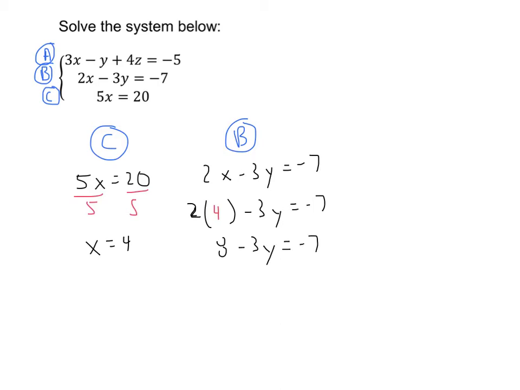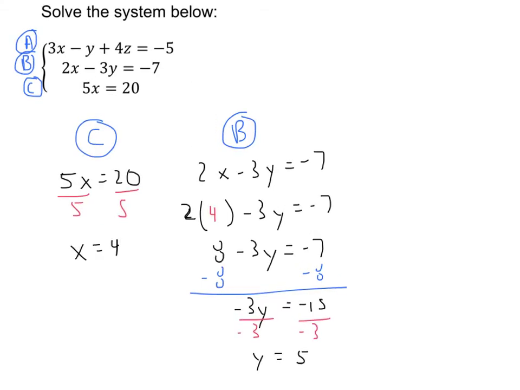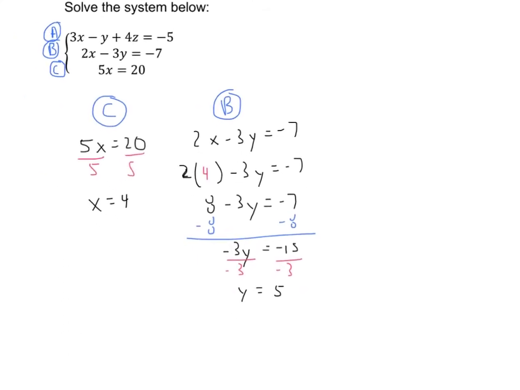Let's go ahead and solve this. Let's subtract 8 from both sides. That gives me negative 3y is equal to negative 15. Then divide by negative 3 on both sides, and we get y is equal to 5. So now I know my x value and my y value.